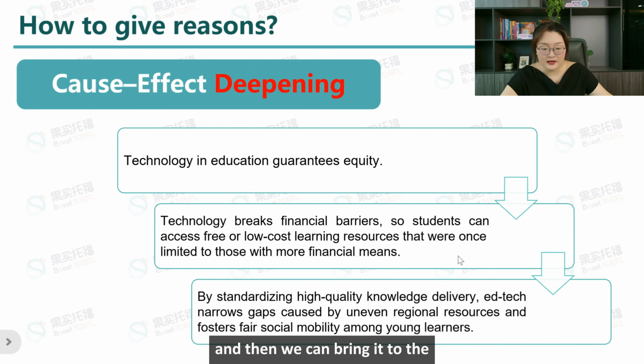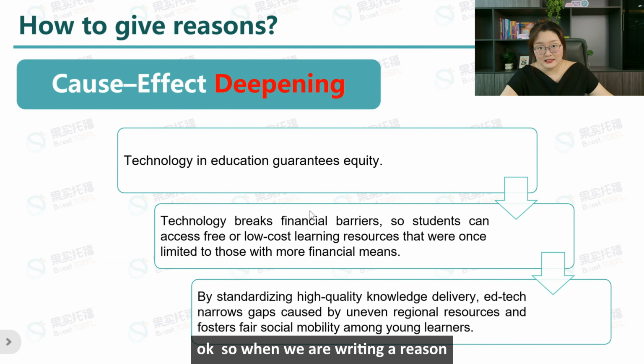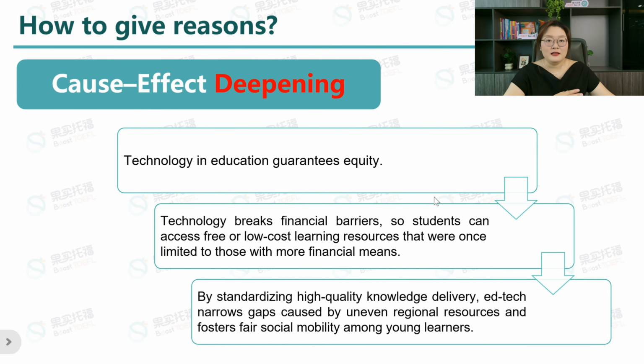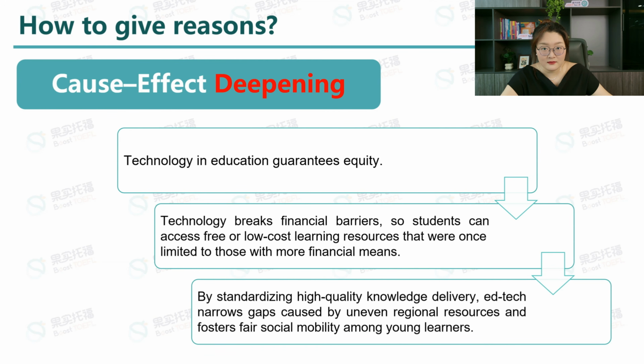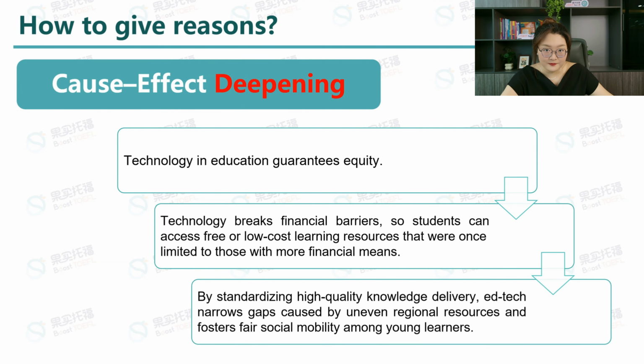And then we can bring it to the social level about social mobility. So when we are writing a reason, we can follow this step by step: big reason, specific explanation, and then bring it to a higher level. Remember this cause-effect deepening when you are giving reasons in your writing.